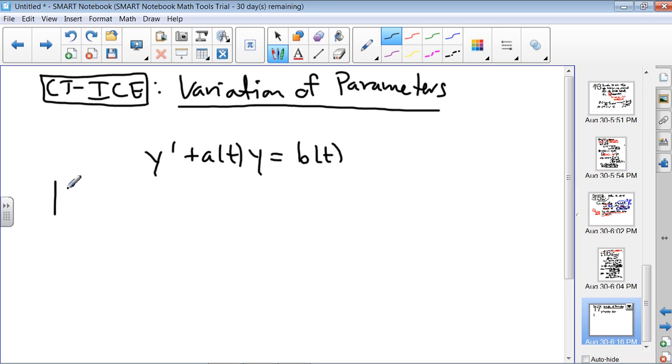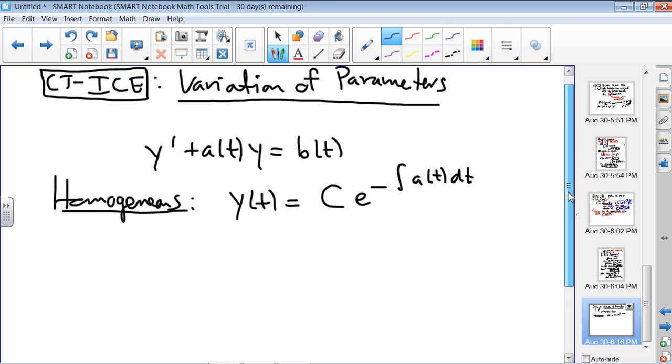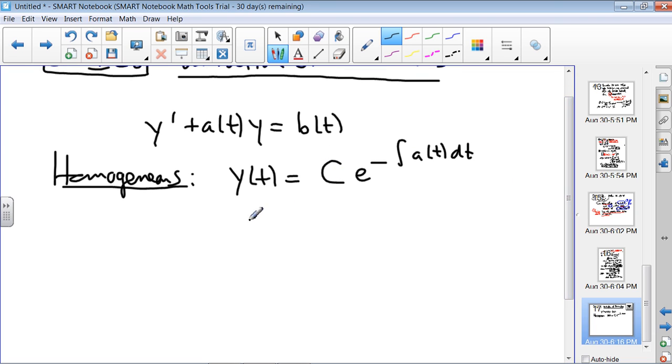All right. So we know that from everything you did yesterday, the homogeneous solution is given by this. That was sort of our formula for the homogeneous solution. And here's our parameter c.